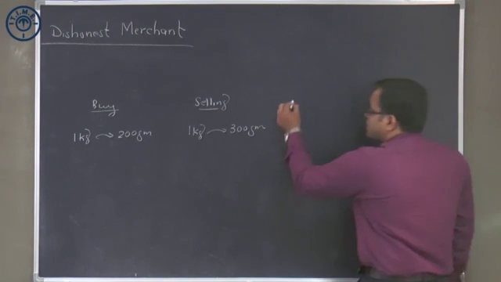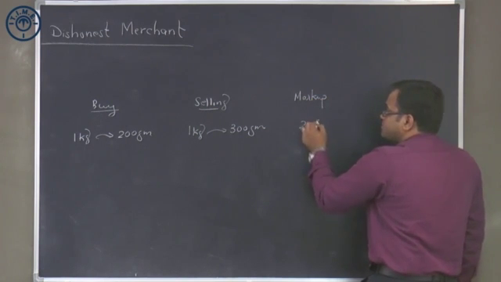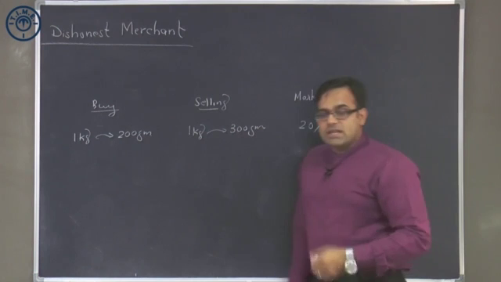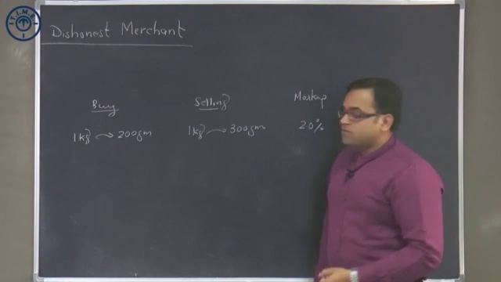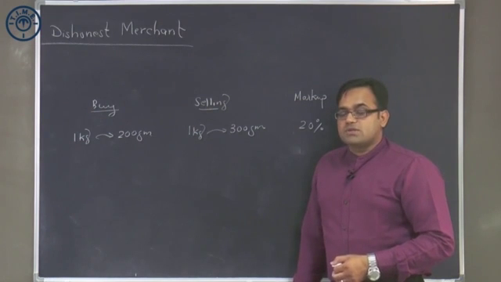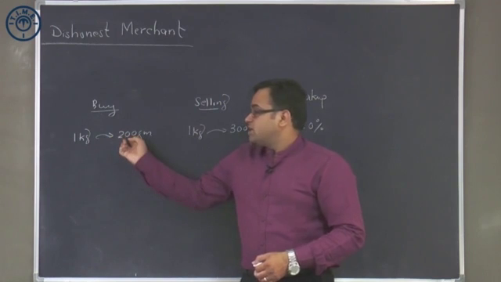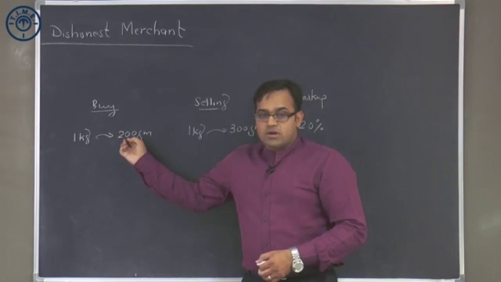Also, there is a markup of 20%. So the selling price is 20% above the cost price. On the whole, what will be his profit percentage? So when buying, instead of 1 kg, he is stealing 200 grams.